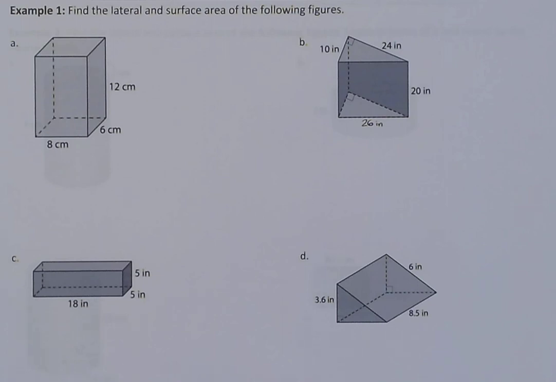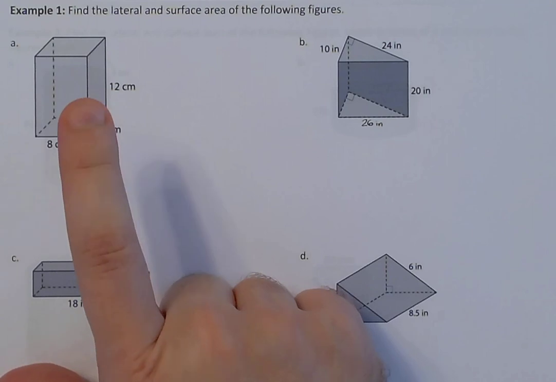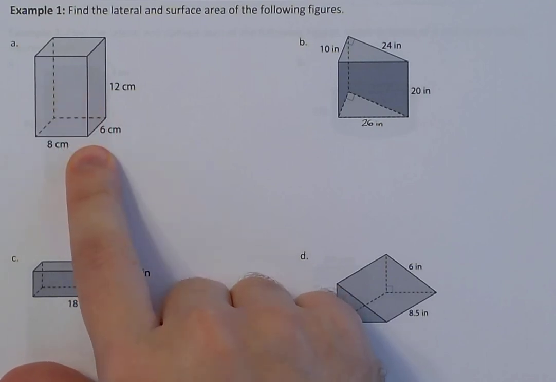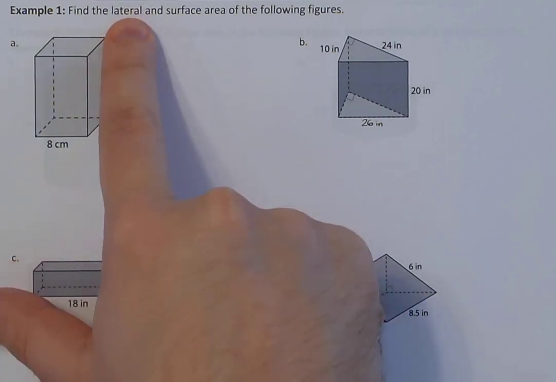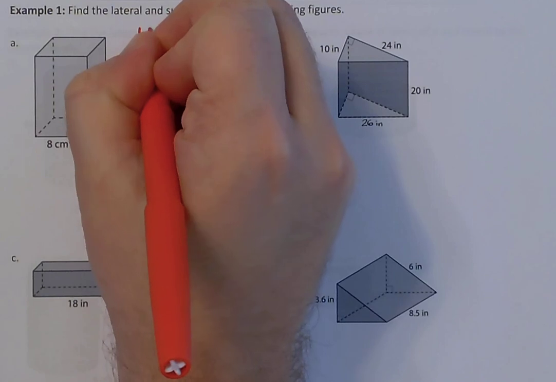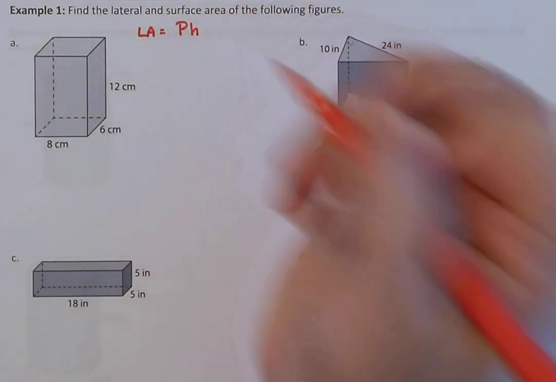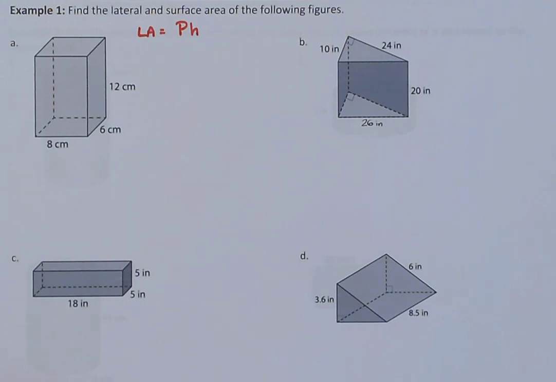So, for example 1, they want us to go through and find the lateral and surface area of this rectangular prism. So the first thing we need to do is figure out the lateral area. Lateral area is the perimeter of the base multiplied by the height of the prism.